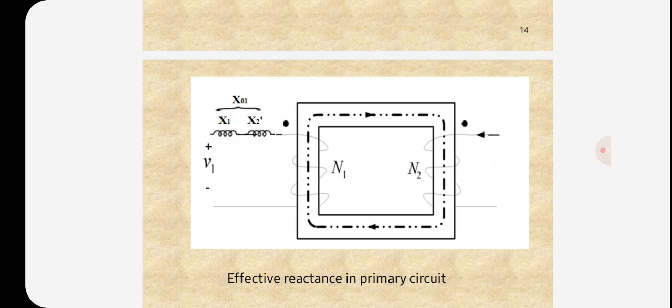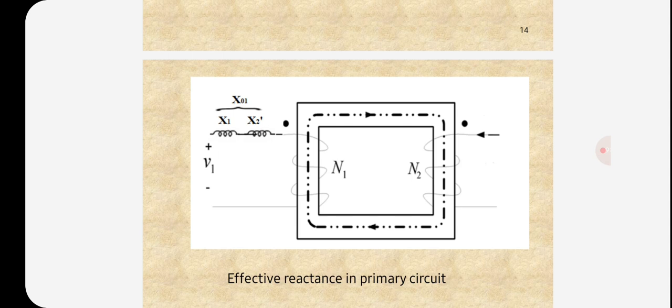When the secondary reactance is transferred to primary side, then the secondary has no reactance. So the leakage reactance x1 plus x2 dash, equal to x1 plus x2 by k square, is known as the equivalent or effective reactance of the transformer referred to primary, and is denoted by x01.